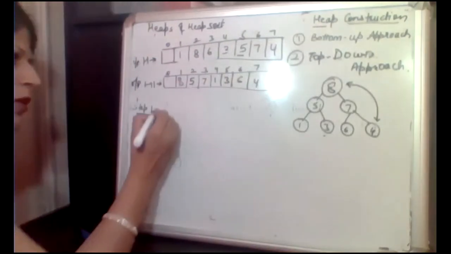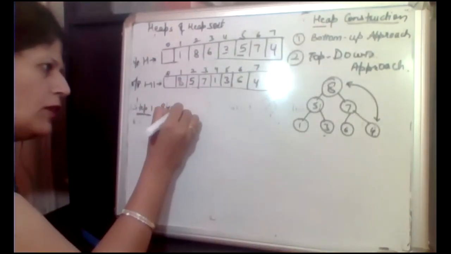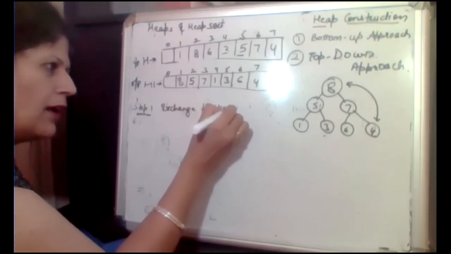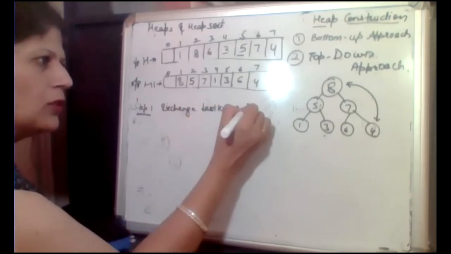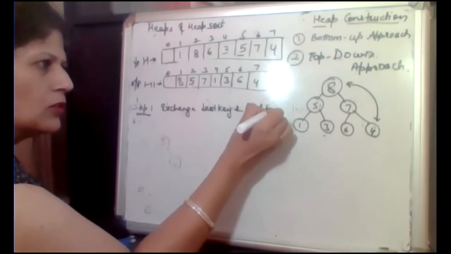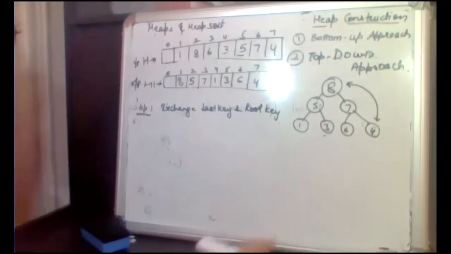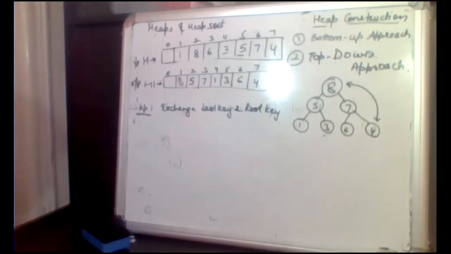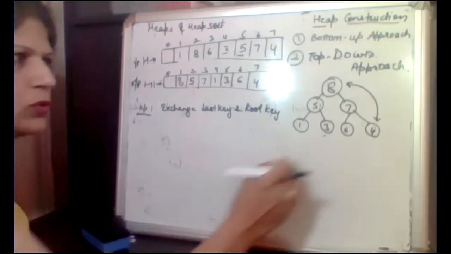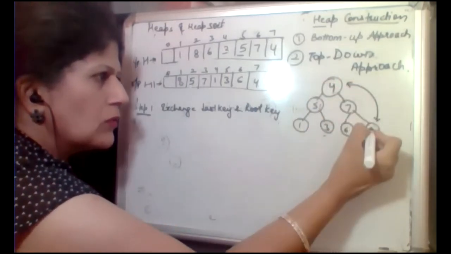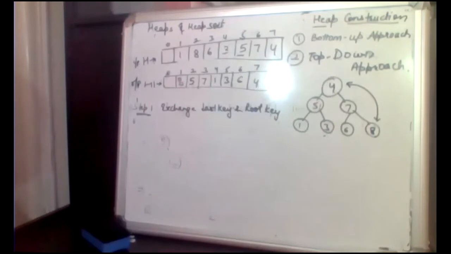So whatever is your root key will be placed at the last, and the last key will be placed at the root. So this will be made as 4 and this will be made as 8.